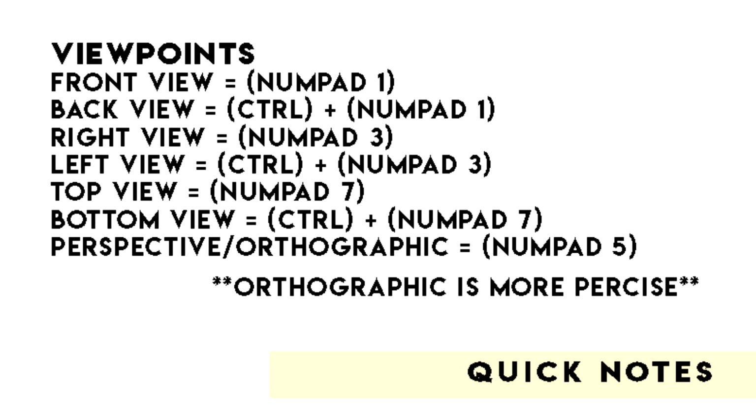And the front view and the back view, as you can see, the back view is Control numpad 1, and the front view is numpad 1. So whatever the number is, the opposite is Control plus that numpad. And to remember the difference between perspective and orthographic, orthographic is a more precise view of your model.